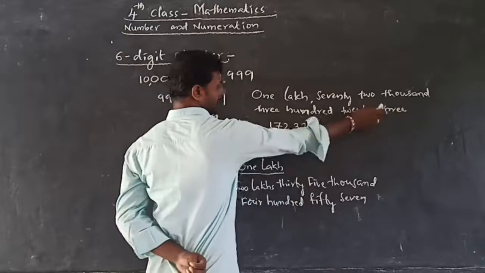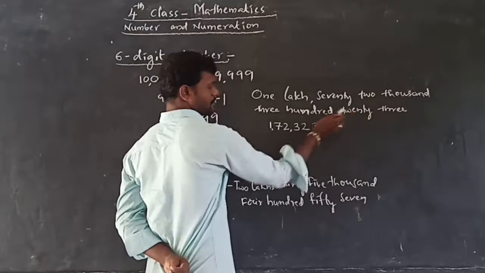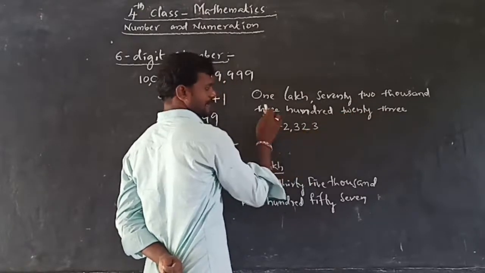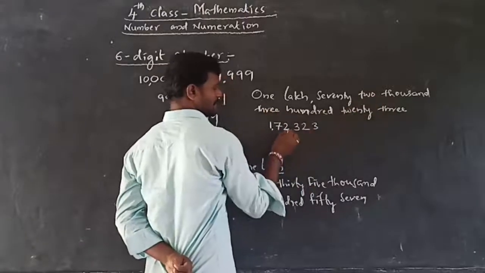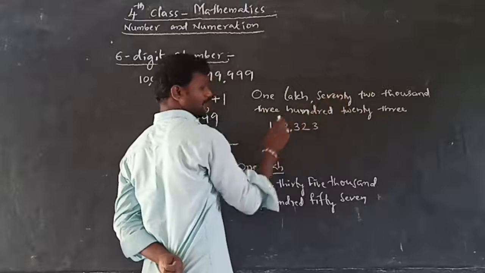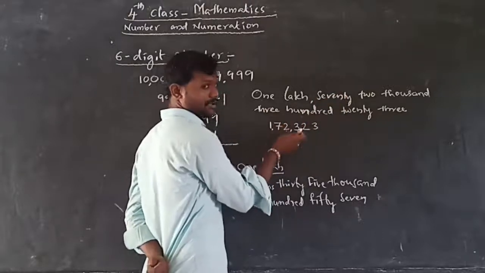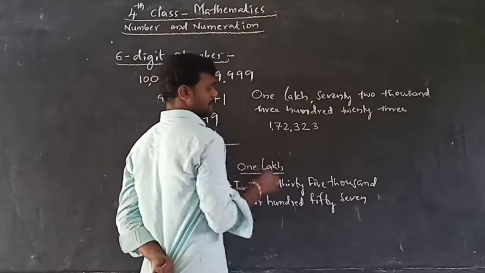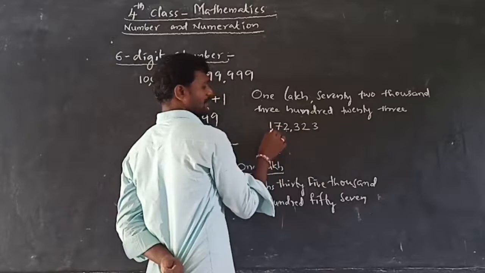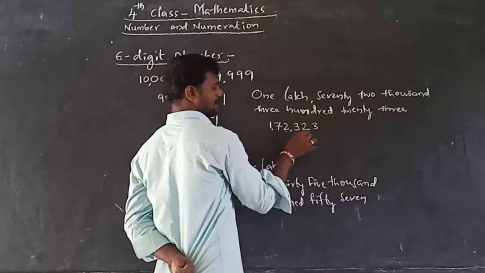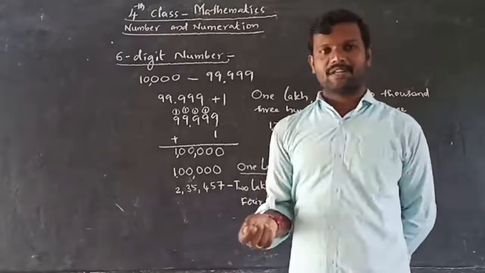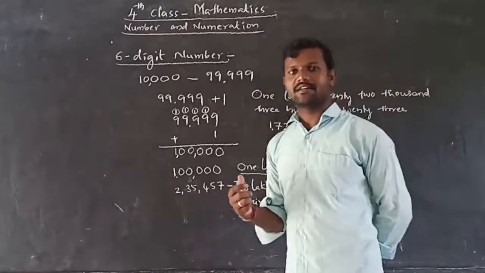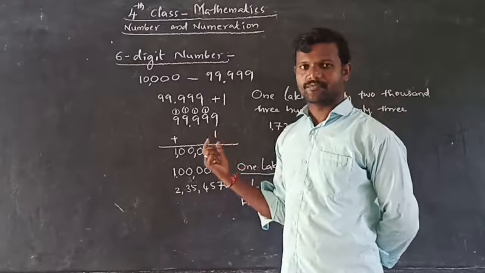So 3 is in the ones place. 20 means 2 is in the tens place. 3 is in the hundreds place. 2000, so 2 is in thousands. 70 means 7 is in the 10,000s place and 1 is in the lakhs place. So this number is 1,72,323. In this way, if any number name is given, you can write the numerals.